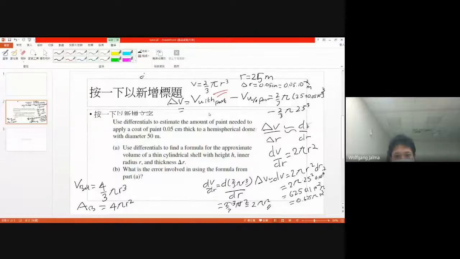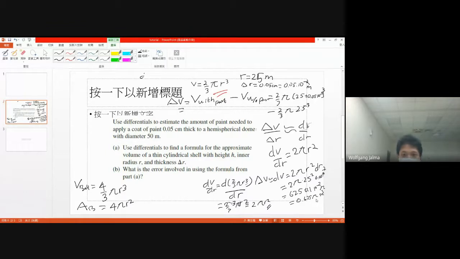But it's not that hard to do. Basically, you find the delta V the hard way, and from this you subtract dV, so you get the error.